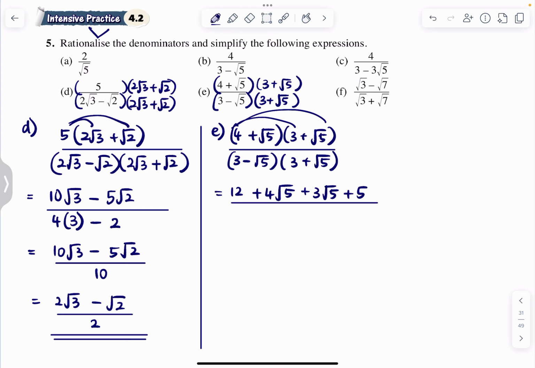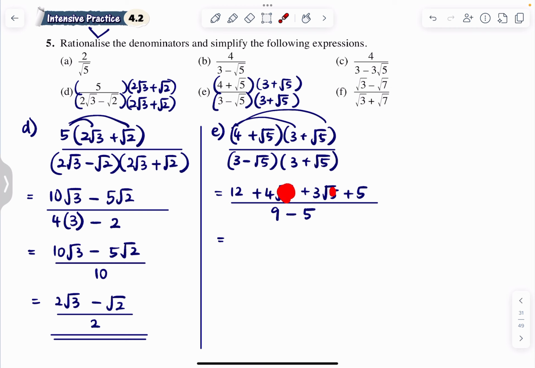Okay. Then the bottom here is conjugates. So we just multiply these 2, shortcut, and then these 2. So negative, positive is negative. √5 times √5 is just 5. Right. So we can add these two together since they are both the same surds.